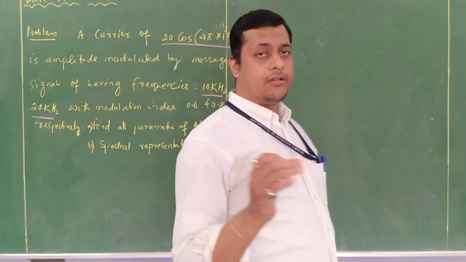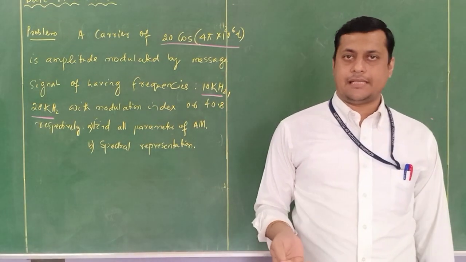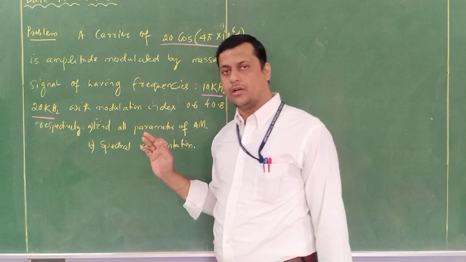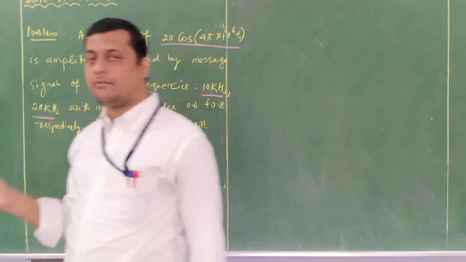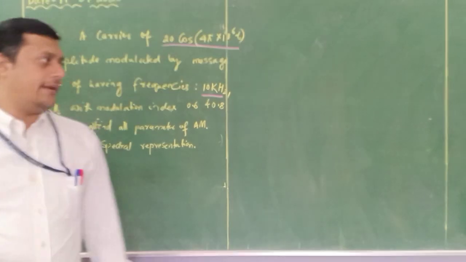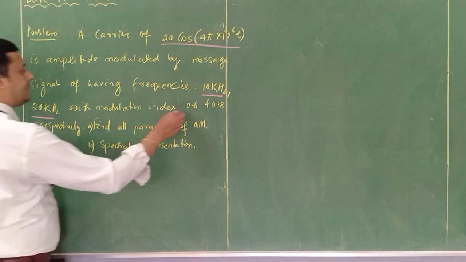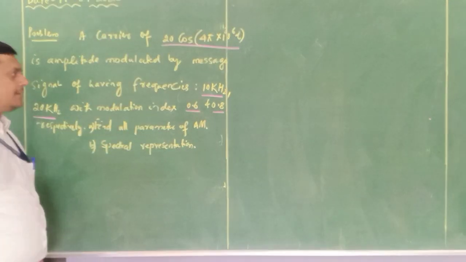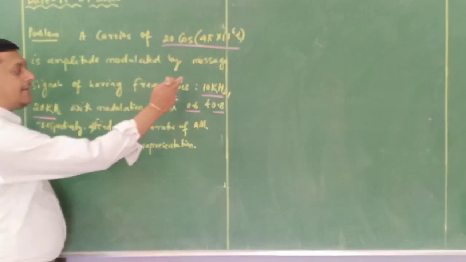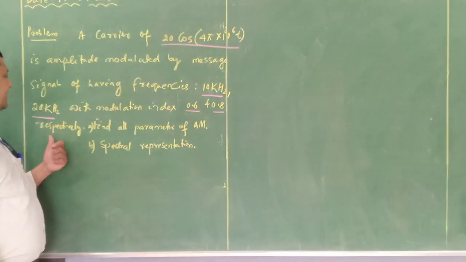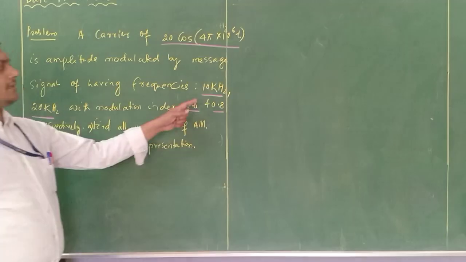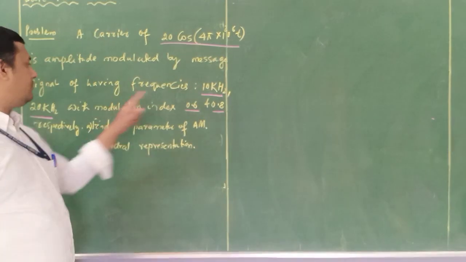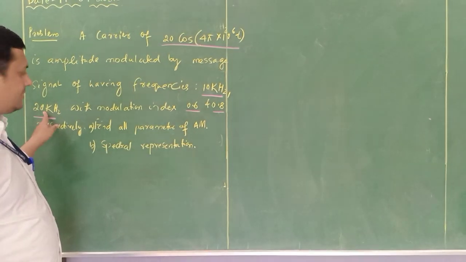But if more than one frequency is available, it is called multi-tone. So here we are discussing multi-tone, in which the modulation index is 0.6 and 0.8. Done. So this is your MA1 and this is your MA2 respectively. MA1 with respect to 10 kHz, MA2 with respect to 20 kHz.